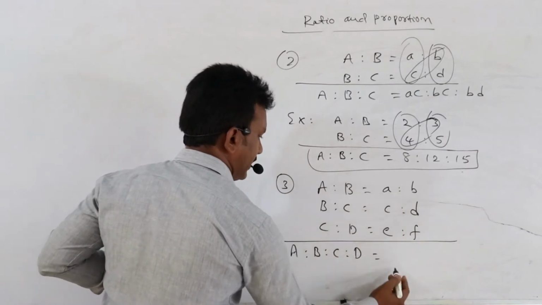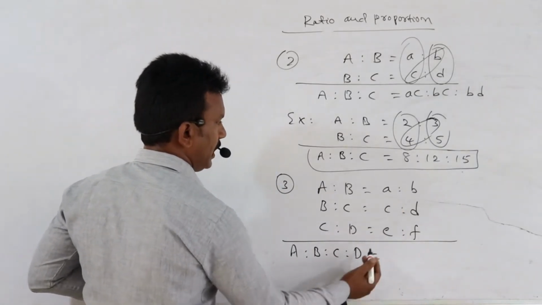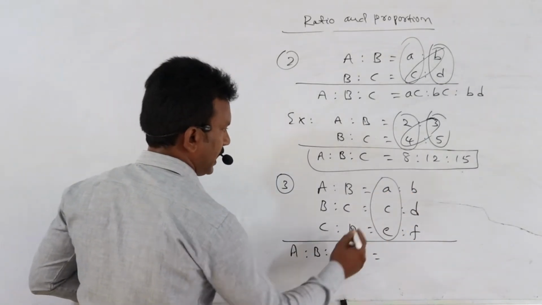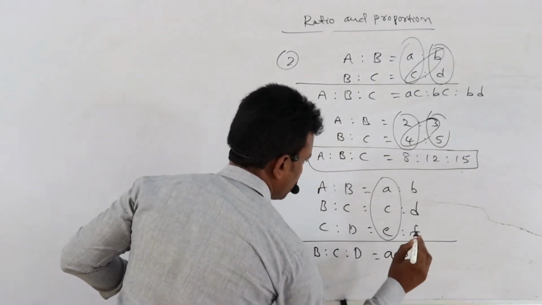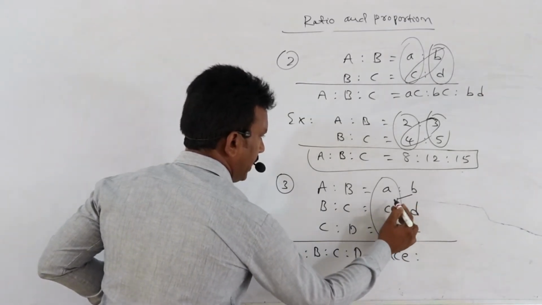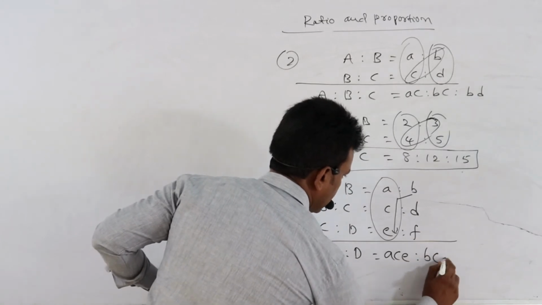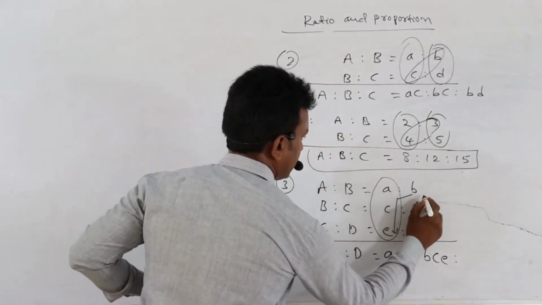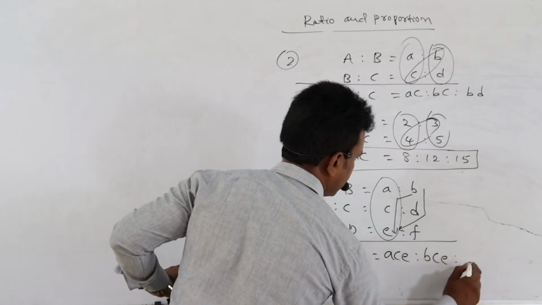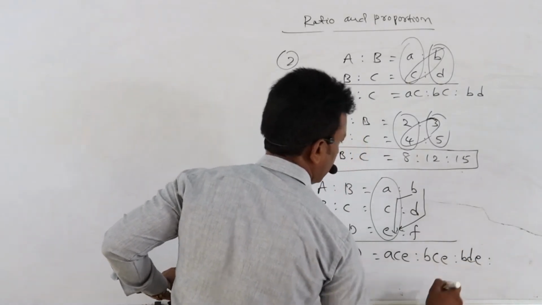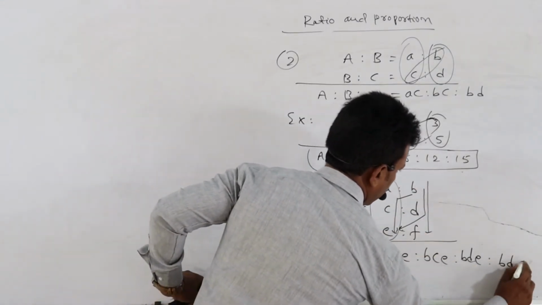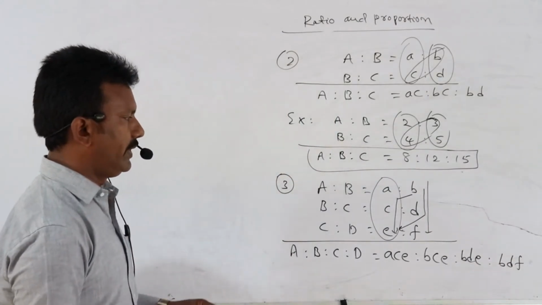The first part of the ratio, we write the multiplication A, C, E as the part of A. Next, in this direction, BCE. Next, the third part of the ratio, BDE. And the last one, B, D, F. So this is a simple and very important shortcut.